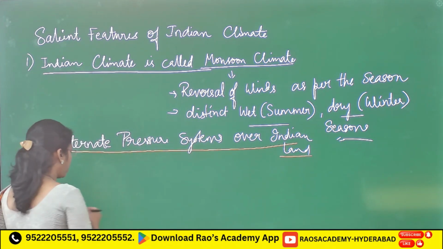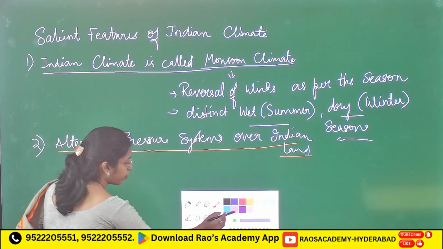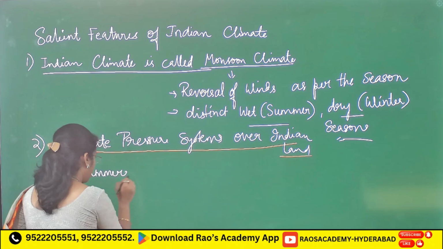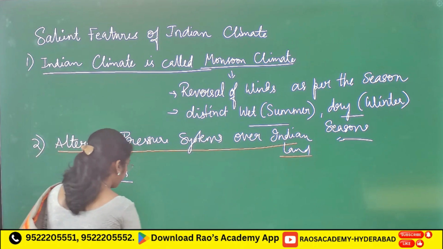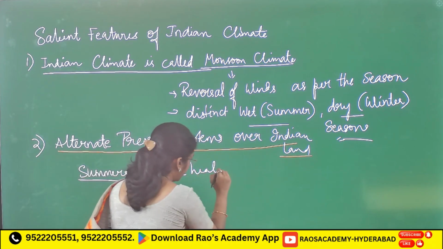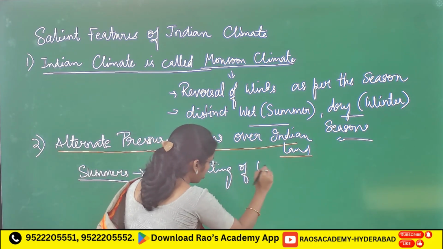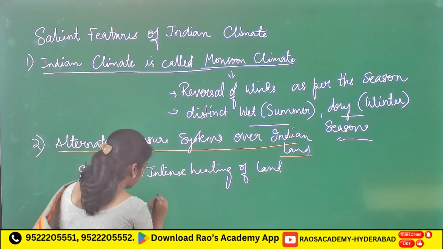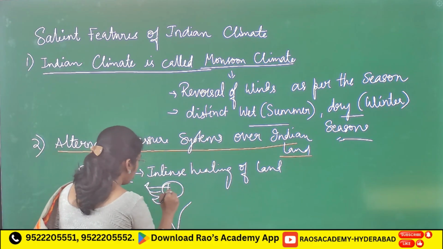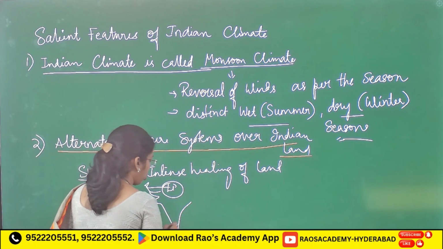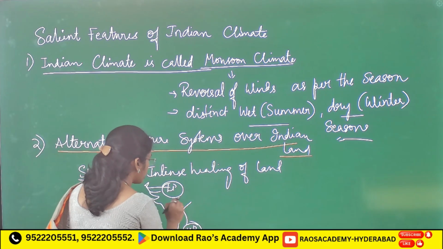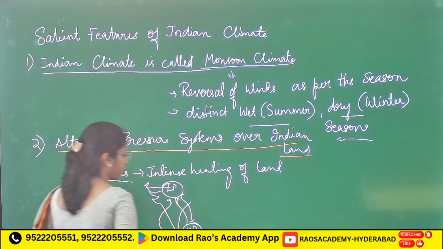Alternate pressure systems over Indian land. For example, in summers, because of intense heating of land, here you will see low pressure, and here you will see high pressure, and winds are attracted towards here.